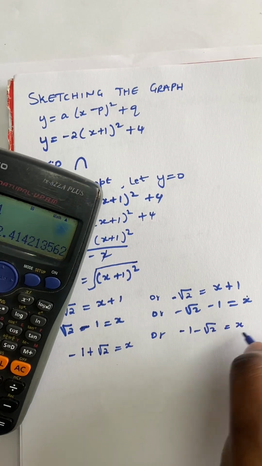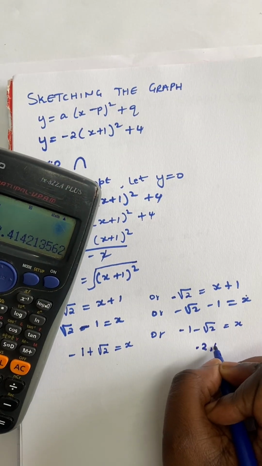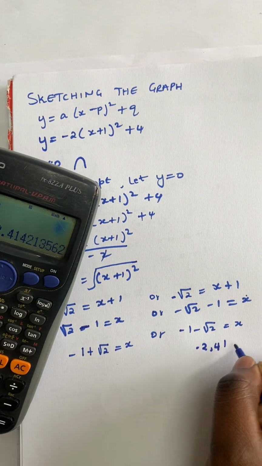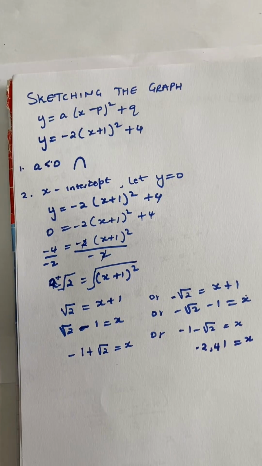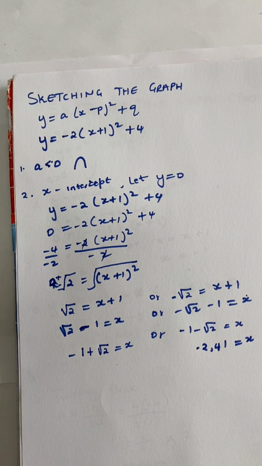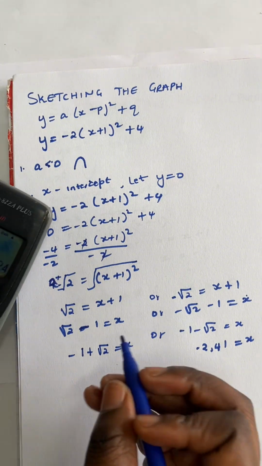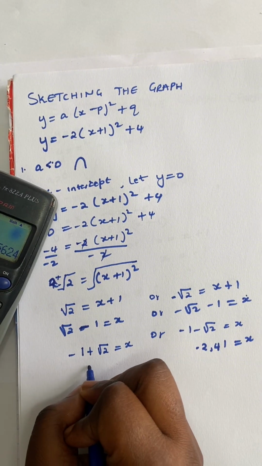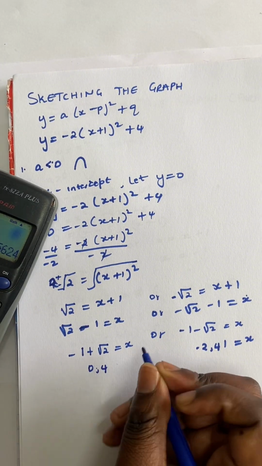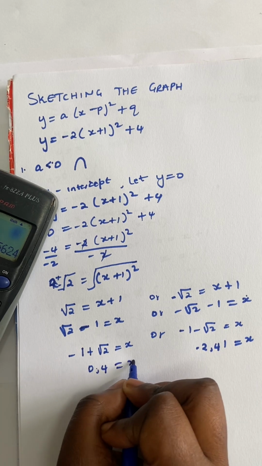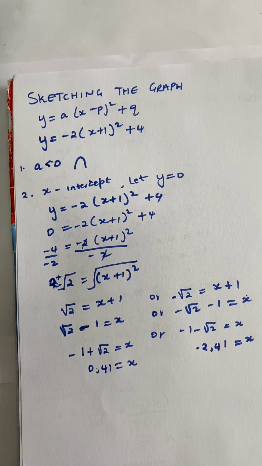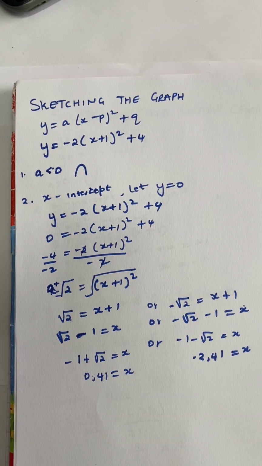So the coordinates are (-1 + √2, 0) and (-1 - √2, 0). These are your x intercepts. You have to plot them on the graph.